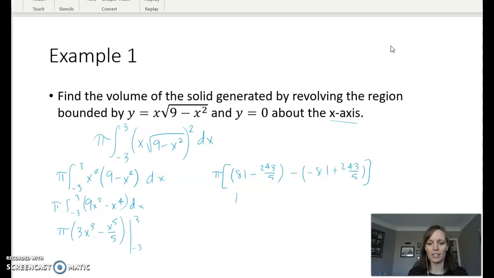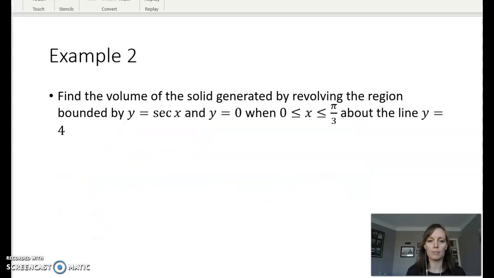That's going to give me 162 minus 486 over 5 multiplied by pi. And at this point, I got my calculator out and I got 64.8 times pi. So this is the volume of the solid that's created by revolving that line.